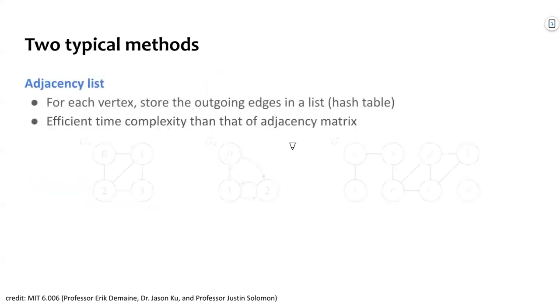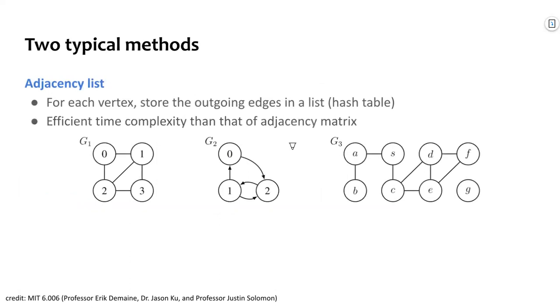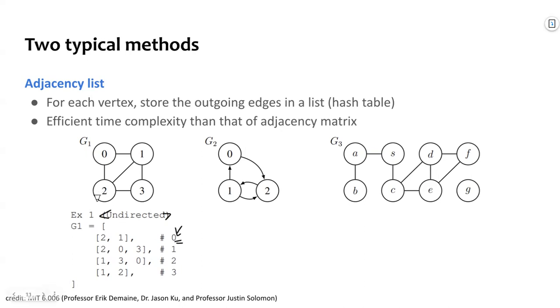I'm going to show you some examples. So let's say we have these 3 graphs, and how can we represent these graphs using an adjacency list? For example 1, this one is an undirected graph. And this comment means the vertex 0. So for vertex 0, we have 2 nodes connected.